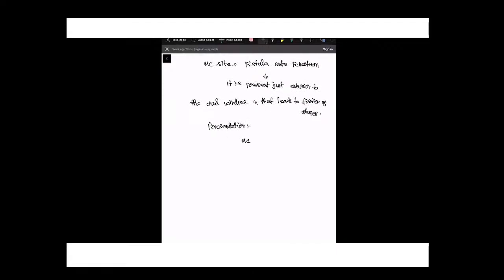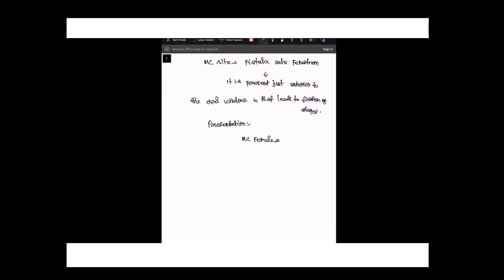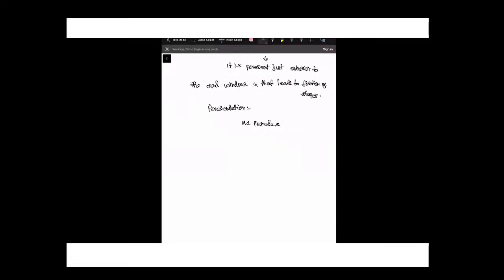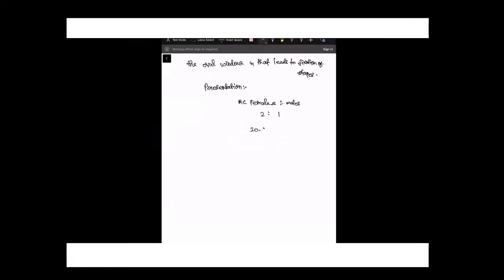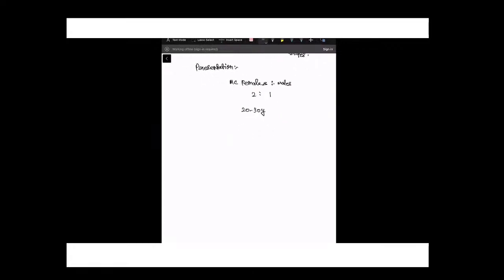Most commonly seen in females, close to 1:2 ratio, 20 to 30 years. And the incidence of otosclerosis gets increased with pregnancy.